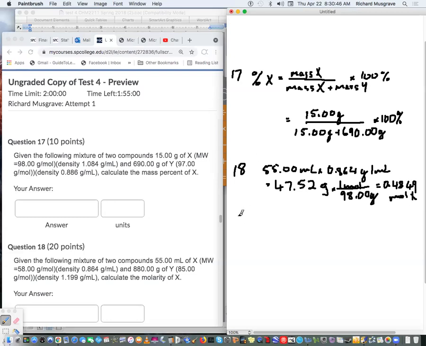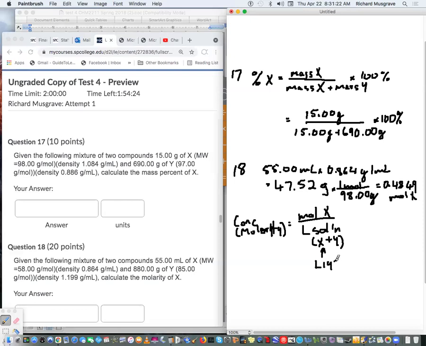Now the concentration, or the molarity I should say, is going to be moles of X over liters of solution, which is really X plus Y, because X is a liquid.